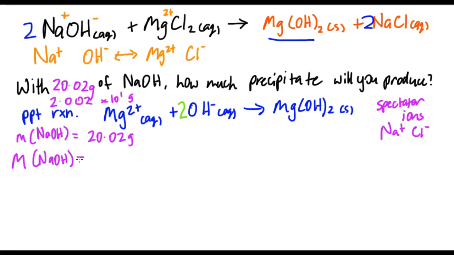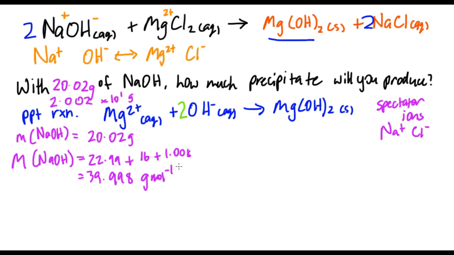Now, if you don't know yet how to figure out the molar mass of sodium hydroxide, I have another video explaining how to figure out the molar mass. The molar mass of sodium hydroxide is simply going to be 22.99 according to our periodic table, plus 16 plus 1.008, which is 39.998 grams per mole.